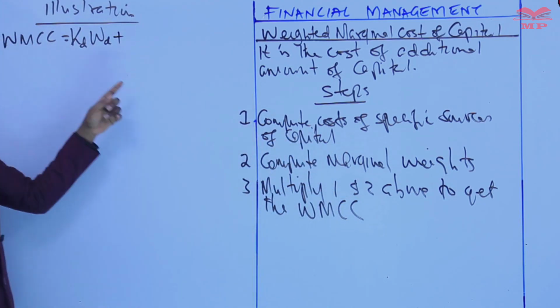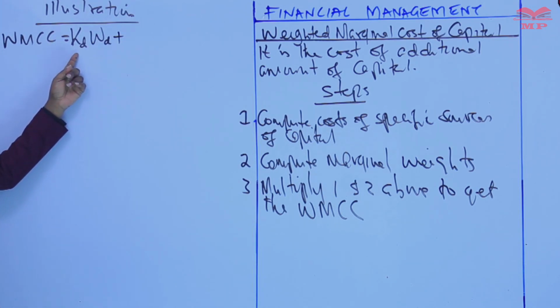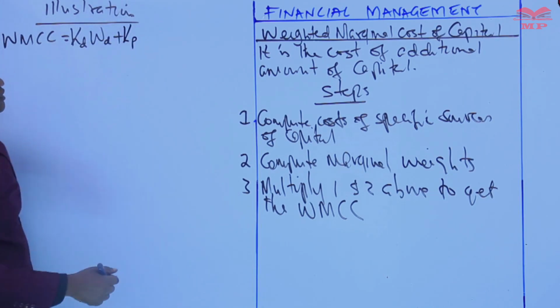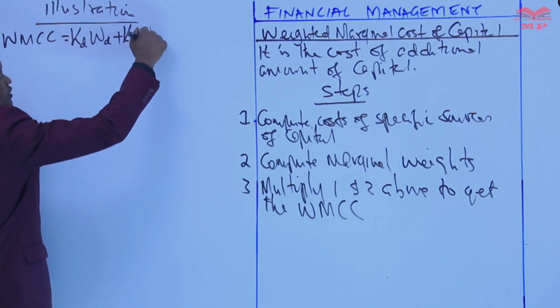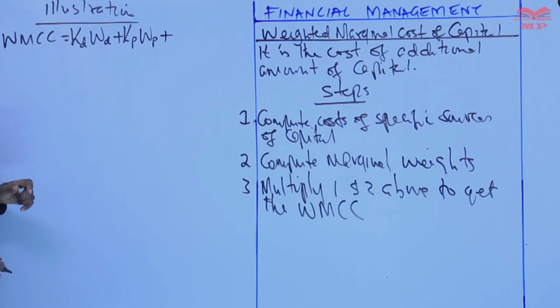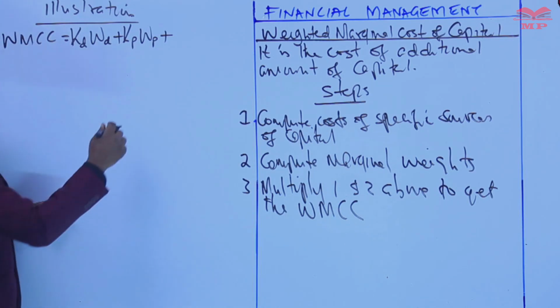So the first one is cost of debentures. Then you have preference shares, cost abbreviated as KP, plus the weight of preference shares. Then the third source will be obtained from ordinary shares, KE.